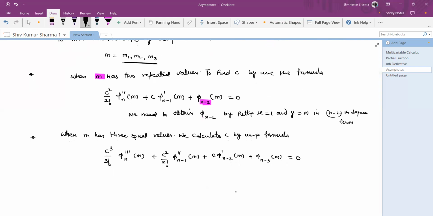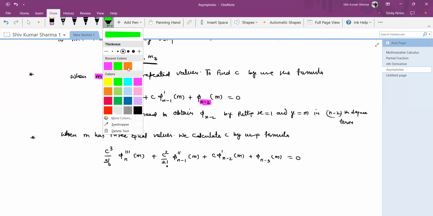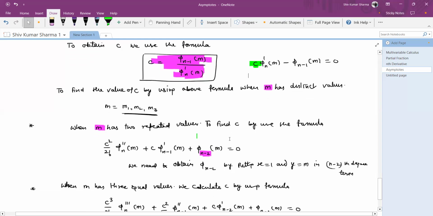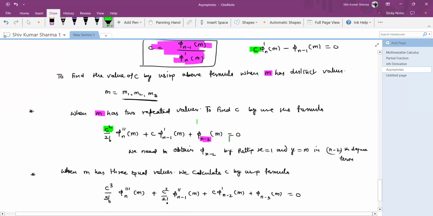So when two roots are equal, we start with c square. When no roots are repeated, we start with c, which you can write as c upon factorial 1. For two repeated roots we start with c square because we calculate two values of c.